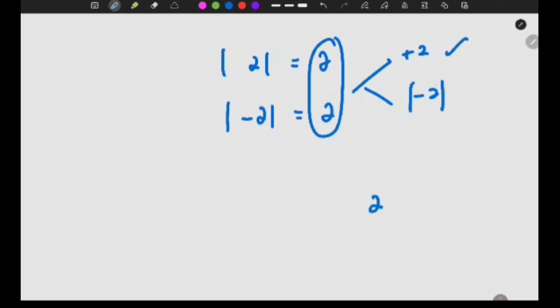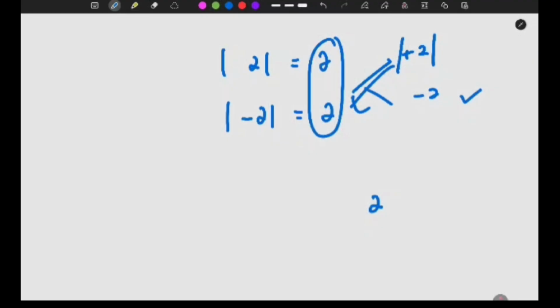And if you say negative 2, if you put a modulus to the positive 2, you're still going to get a 2. So both answers can be acceptable. The chance to be a positive 2 or a negative 2 is there.